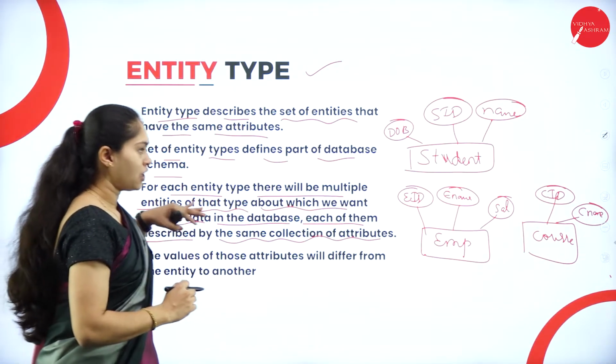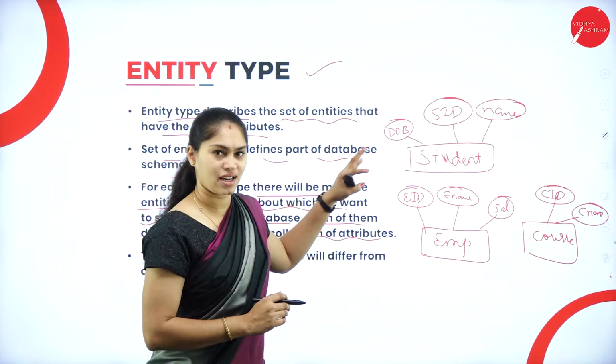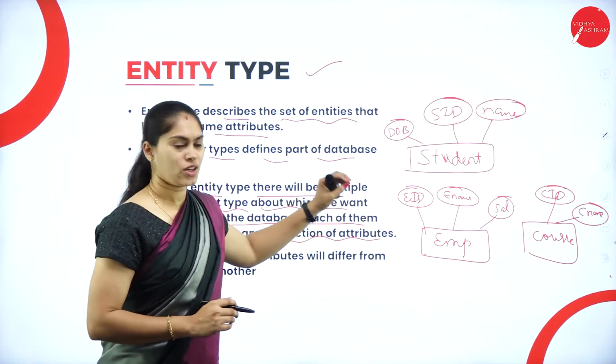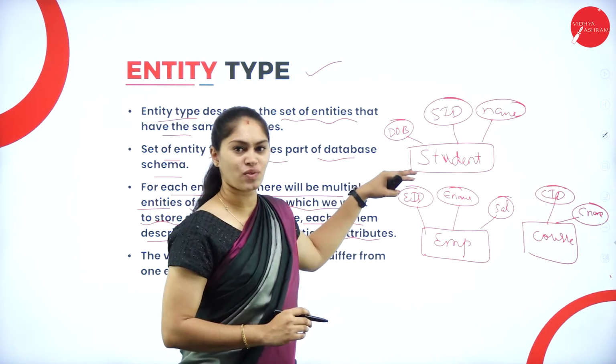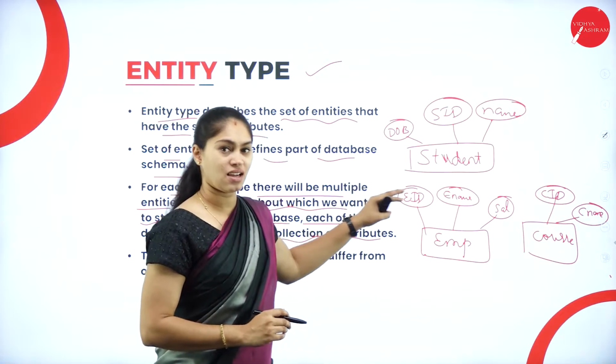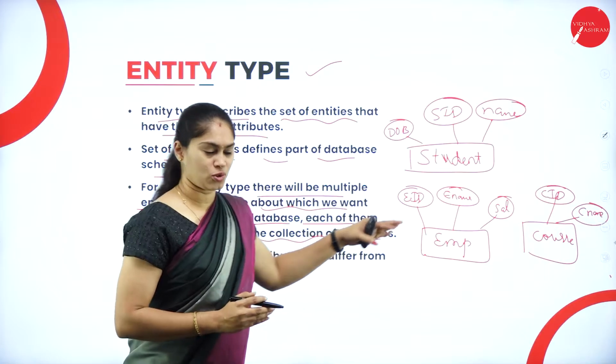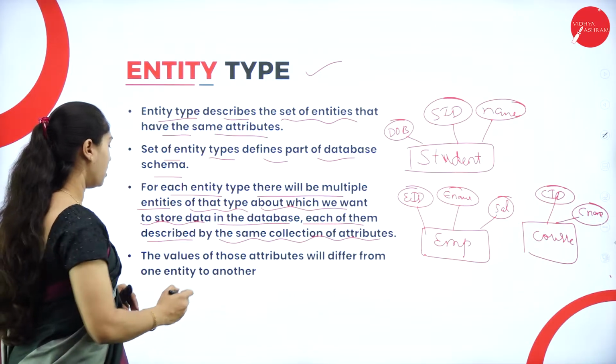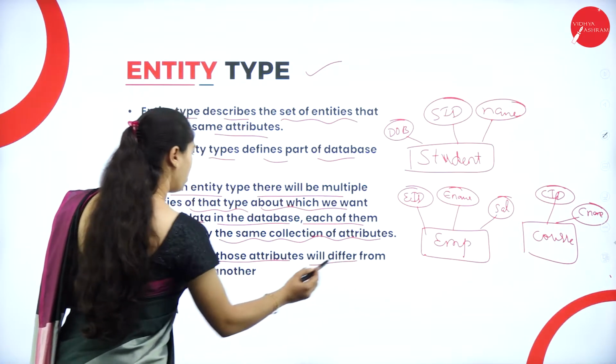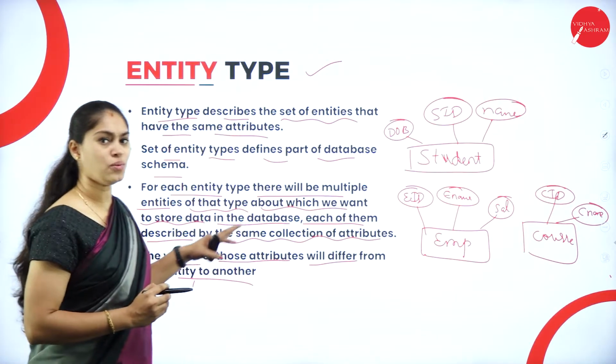For example, if I consider a student as an entity, it will have student ID, student name as well as date of birth. In the same way, I can have multiple entities with the same attribute. That is what an entity type is, but the values of those attributes will differ from one entity to another.